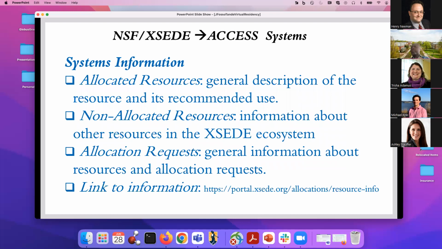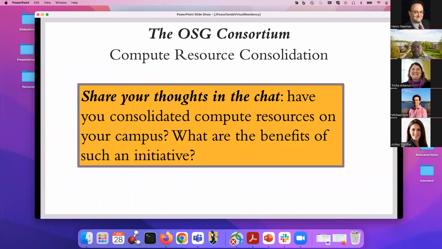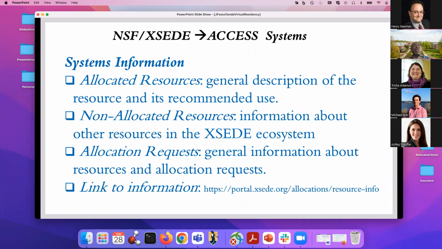So to round up things, the NSF XSEDE access system. If you went to the XSEDE site, you will see allocated resources, which generally describe the resources and the recommended use.